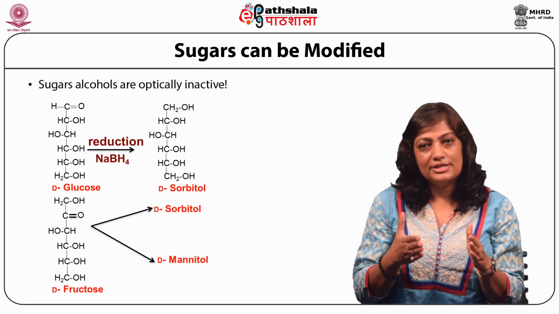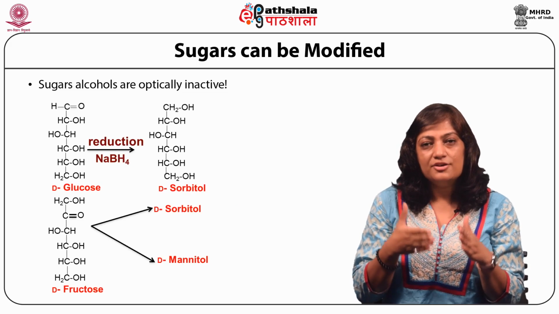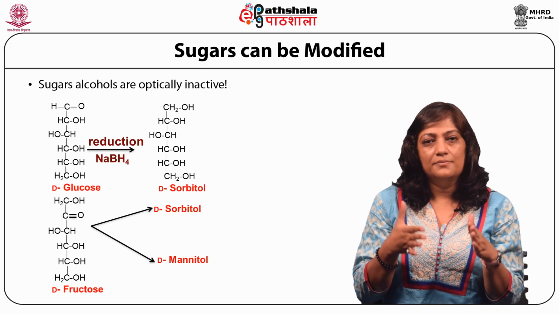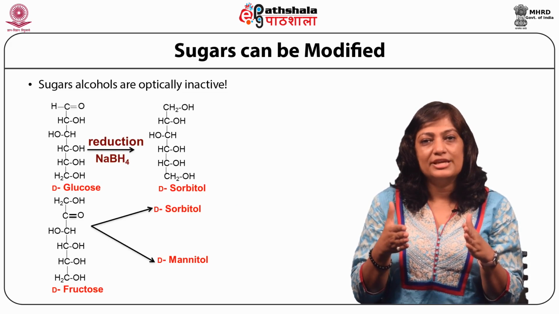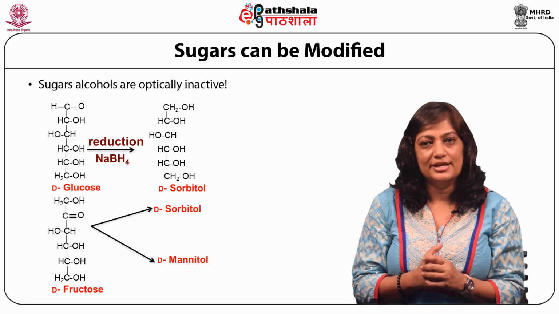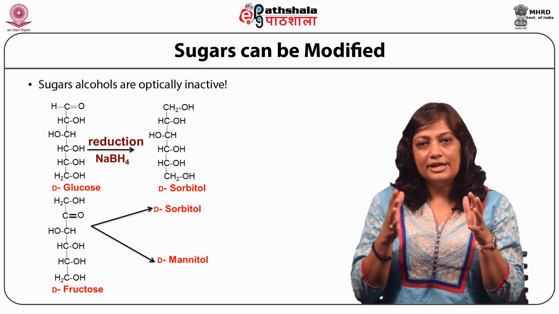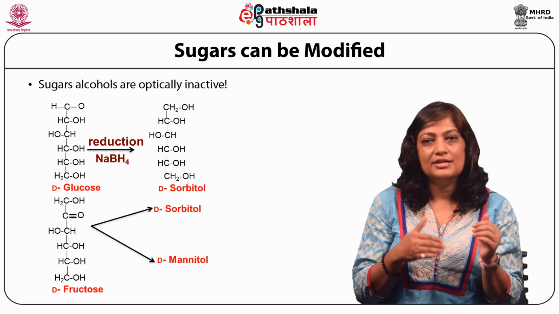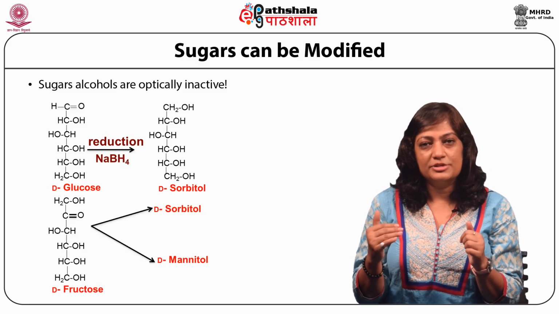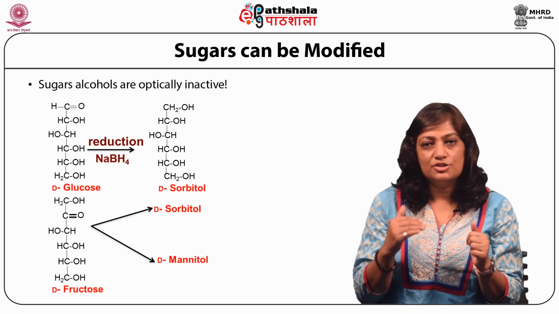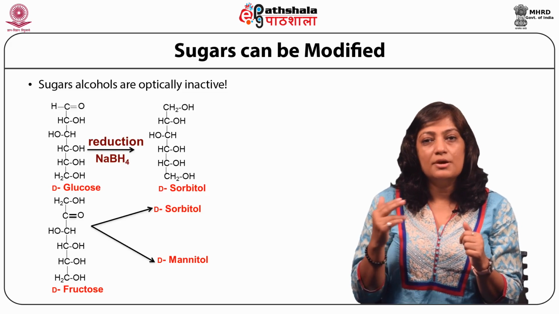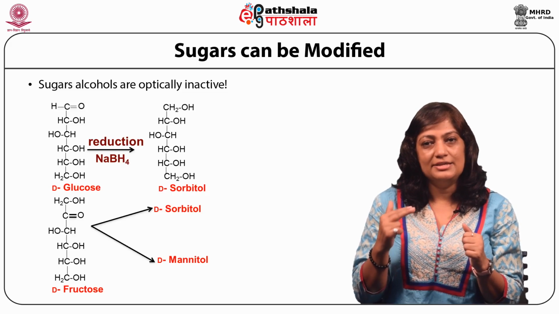Sugars or glucose can also undergo reduction reactions in the presence of mild reducing agents like sodium borohydride that you see here. So D-glucose upon reduction is converted to D-sorbitol, while D-fructose can be converted to two compounds, D-sorbitol and D-mannitol.